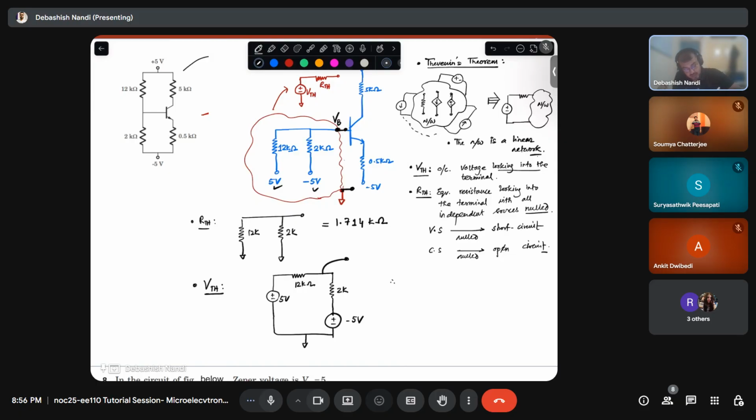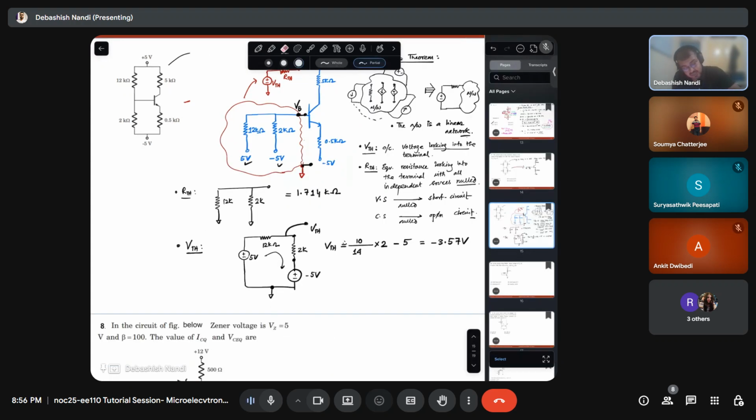The current is 10 by 14 times this, the voltage drop across this 2K, minus 5 to go till ground. So this will be my VTH: 20 divided by 14 minus 5, so minus 3.57 volt will be my VTH. Is that okay? Yes, sir.